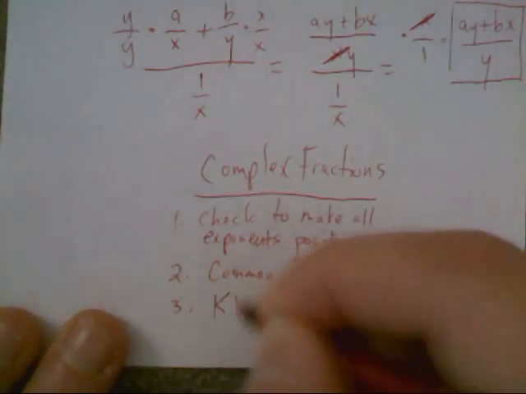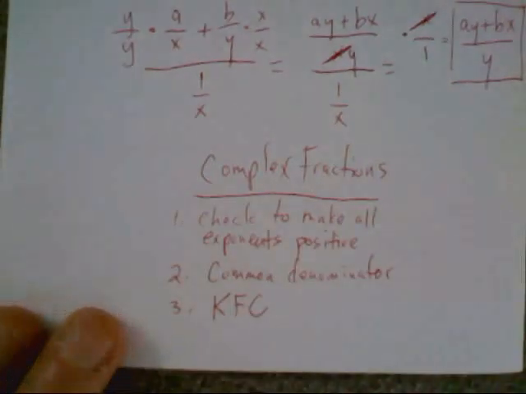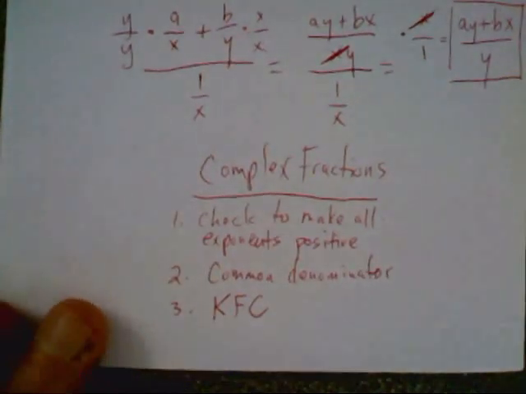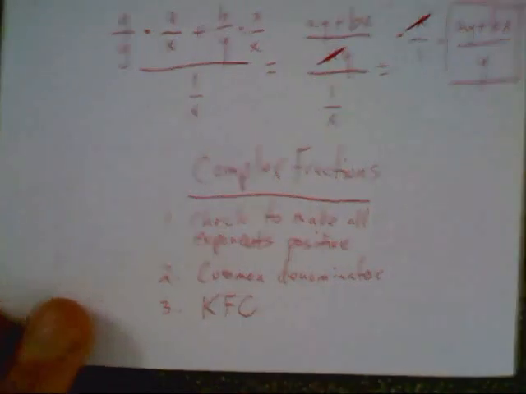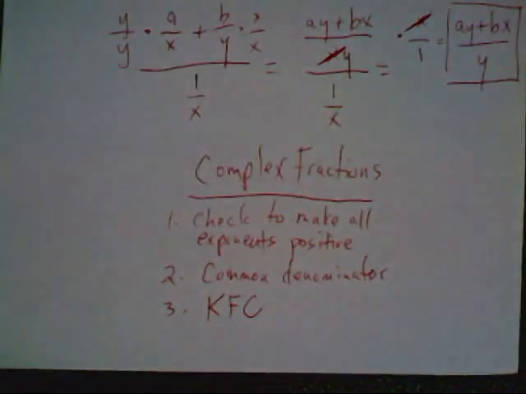Yeah, KFC. Now we do need to check to cross cancel when we do that, but that one always happens, but the KFC should always happen. So 3 steps there to simplifying complex fractions.